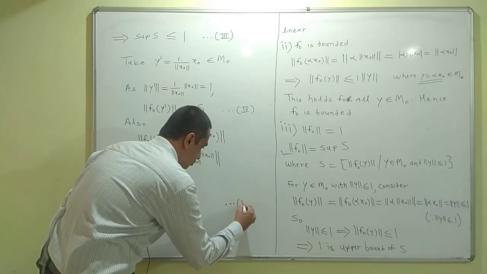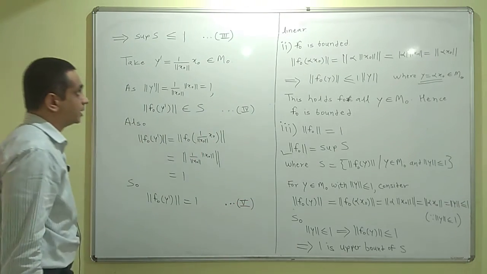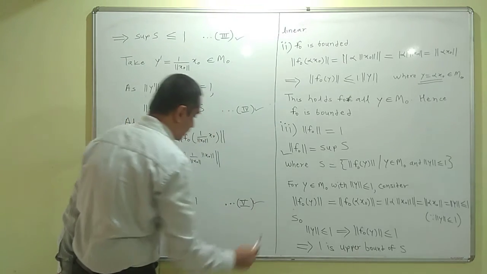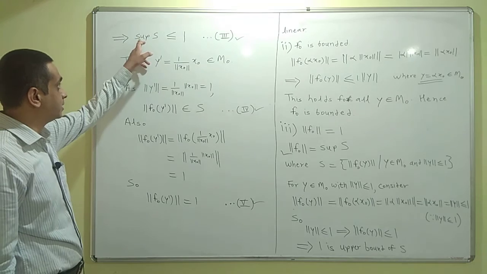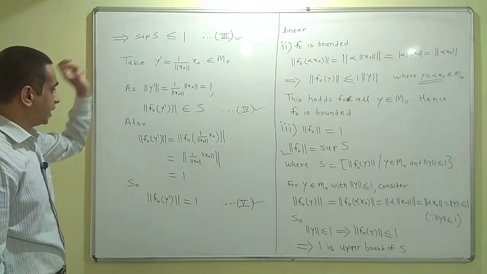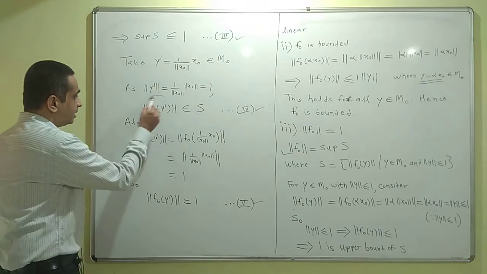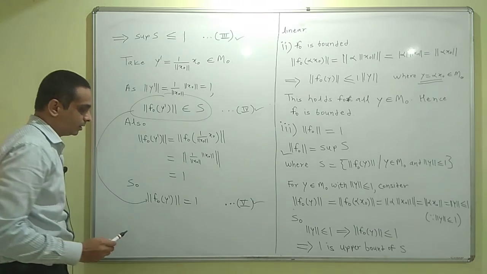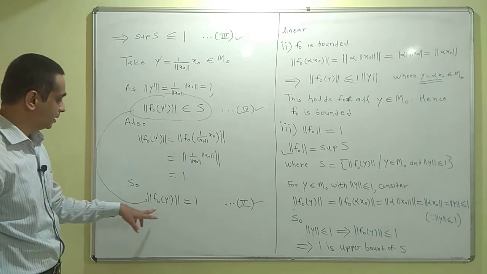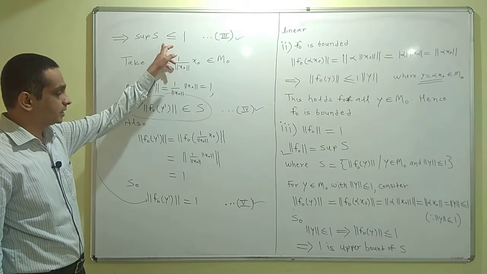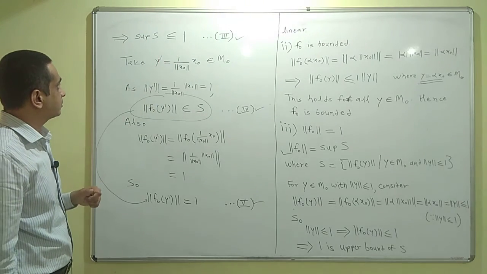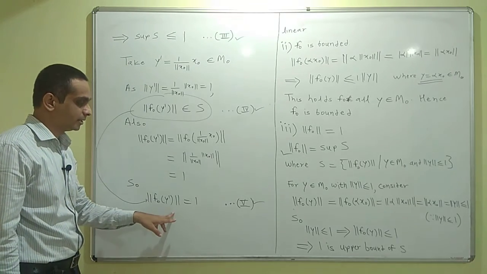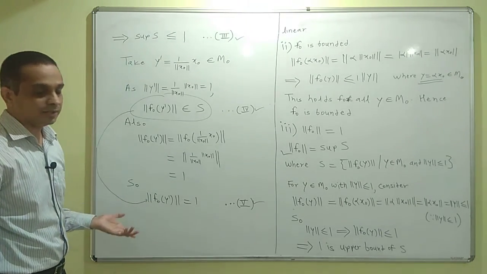Now is the time to have the conclusion. Refer to the third, fourth and fifth statements. The third statement says that supremum of S is less than or equal to 1. And we have actually found one element in S whose value is equal to 1. So if there is some element which is equal to an upper bound of the set, then the supremum of that set must be equal to that element. You think over it, it is very easy to understand.